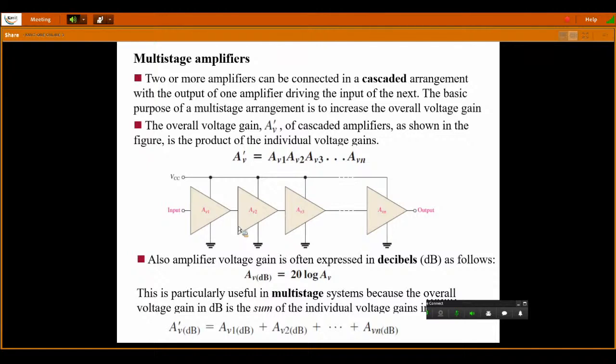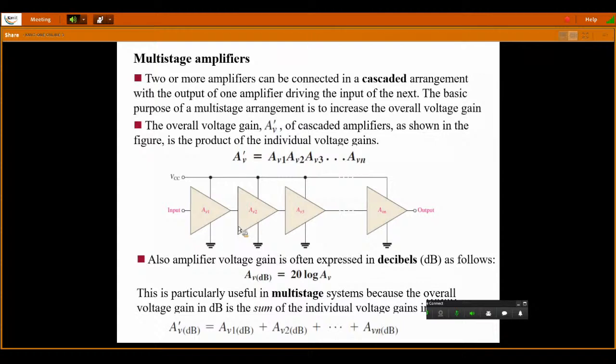I already mentioned that AC analysis is done with frequency response characteristics, where we take the gain in decibels. So we have to convert the voltage gain into decibels using 20 log of AV. Each single stage amplifier's voltage gain must first be converted into decibels.